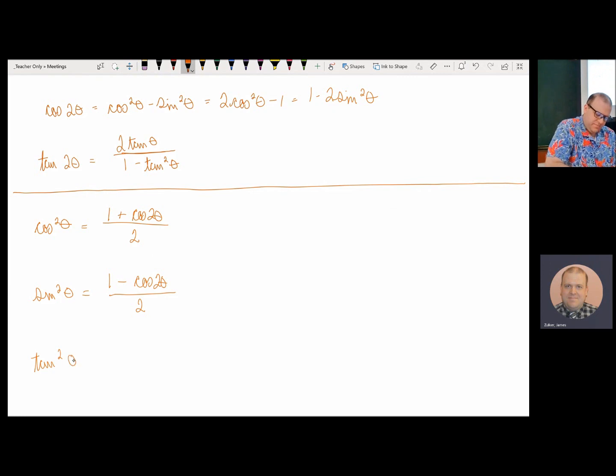Tangent squared is 1 minus cosine of 2 theta over 1 plus cosine of 2 theta. These are the reduction identities.